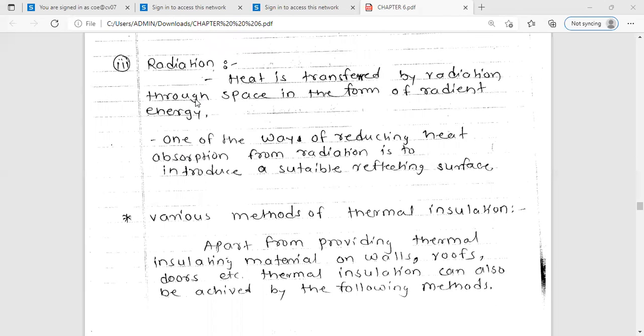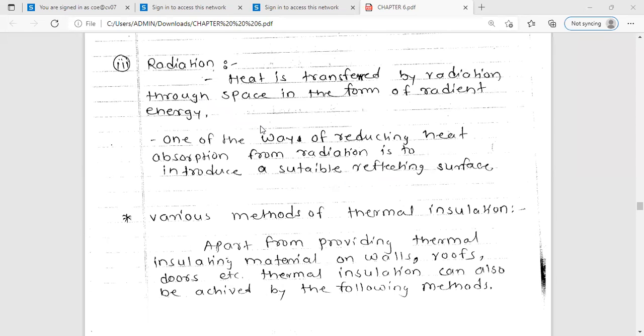Heat is transferred by radiation through space in the form of radiant energy. If heat transformation takes place into the air or into the space, then we can say it is radiation. One of the ways of reducing heat absorption from radiant is to introduce suitable reflecting surfaces.